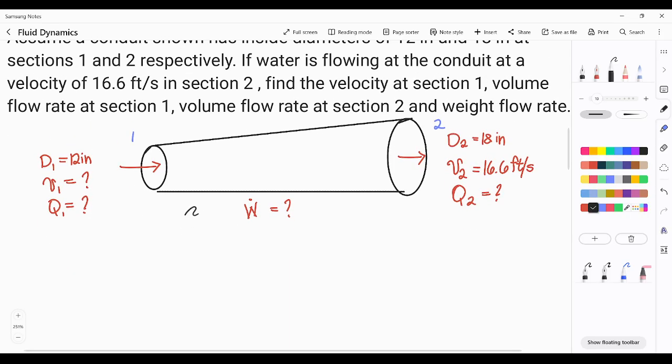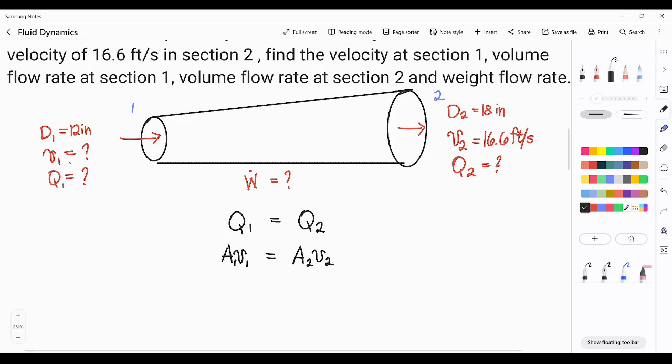So, using the continuity equation, the volume flow rate at section 1 is equal to the volume flow rate at section 2, and we know that volume flow rate is equal to area times velocity. This is for section 1, and area and the velocity for section 2. And we need to find V sub 1, or velocity 1.